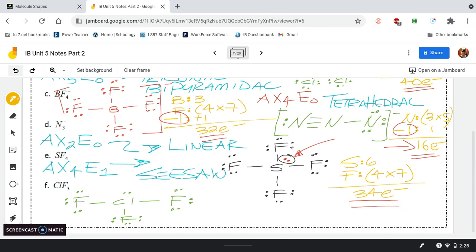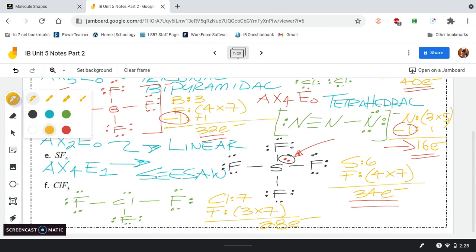Target number. All right, chlorine is going to give us 7. And fluorine is going to give us 7, but there's 3 of them. So if I add that up, I'm going to end up with 21 and 7, so 28 electrons as the target number.